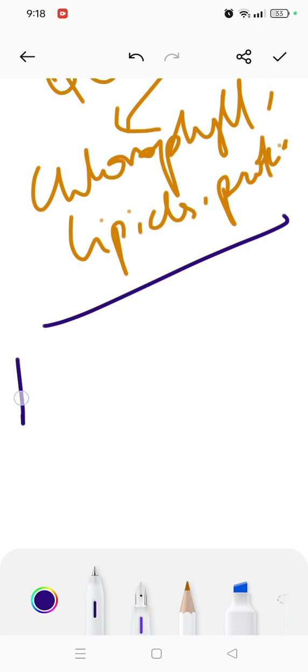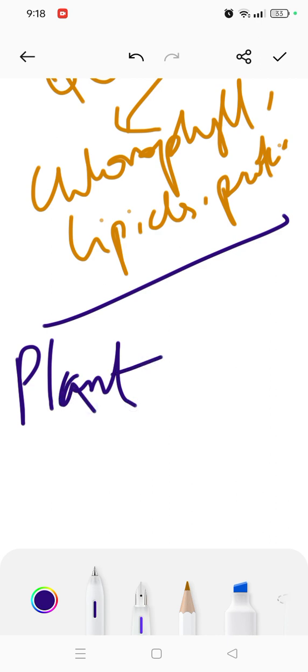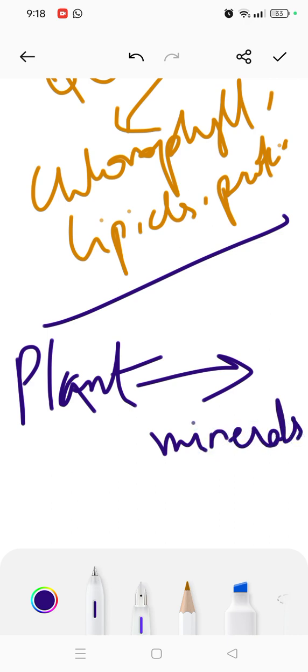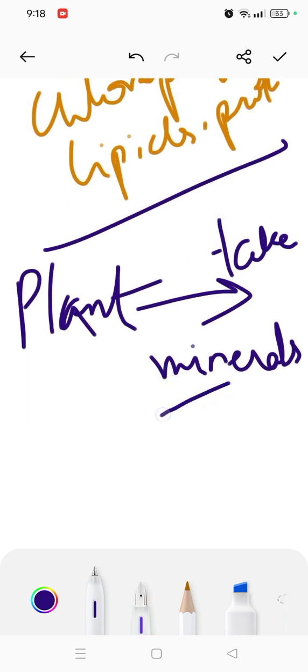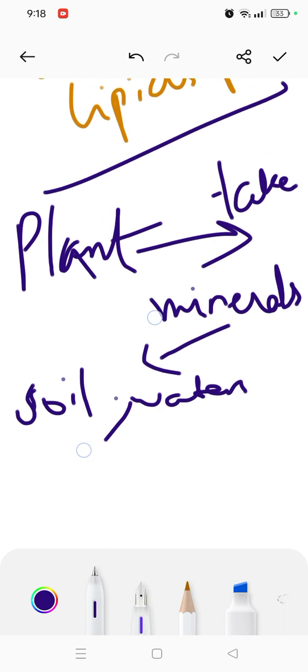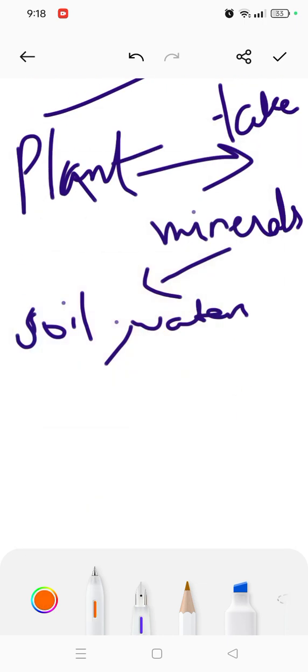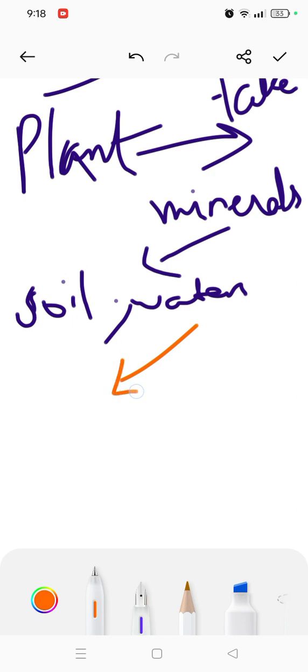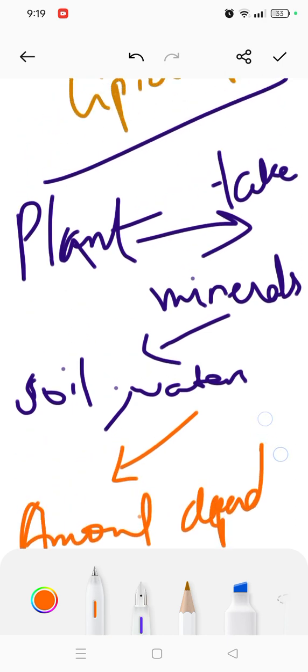Then if we say plant, this means they have many minerals. Plants take so many minerals from the environment. If you're thinking where from, we get them from soil, sometimes from water, and several conditions. The amount of minerals depends on several things.